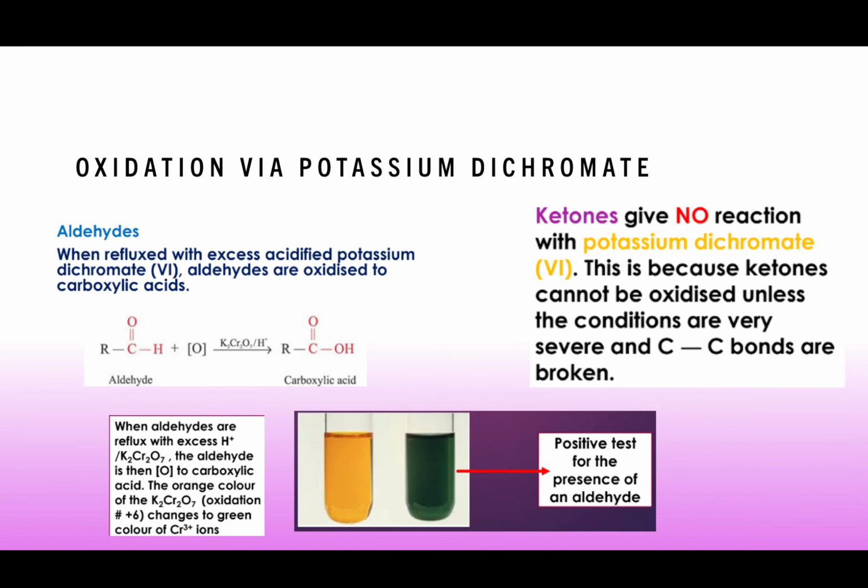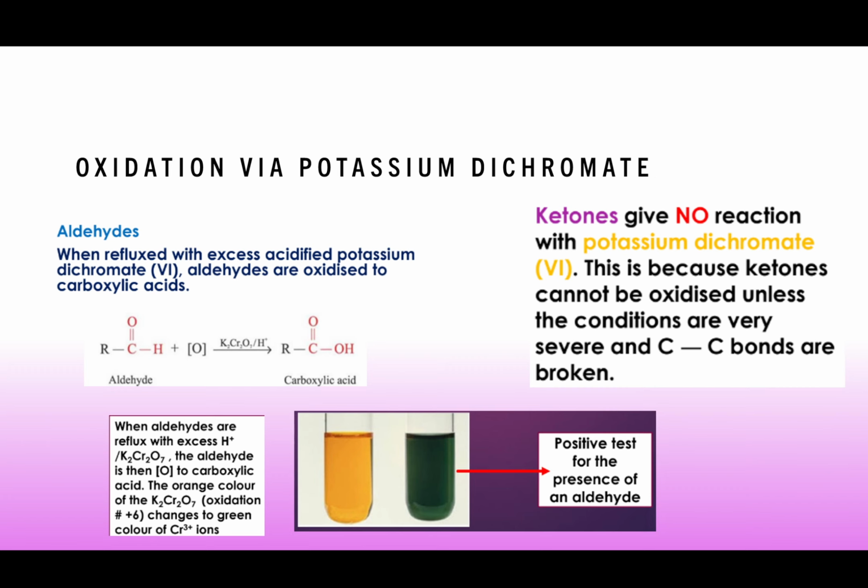Oxidation via potassium dichromate. When refluxed with excess acidified potassium dichromate, aldehydes are oxidized to carboxylic acids again. So it's the same deal, just a different color change. Exact same deal for both of them. Ketones don't react, just a different color change. Now it actually moves from orange to green. That's the only difference.